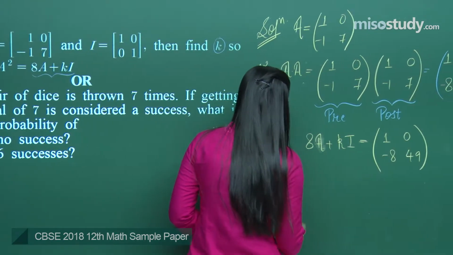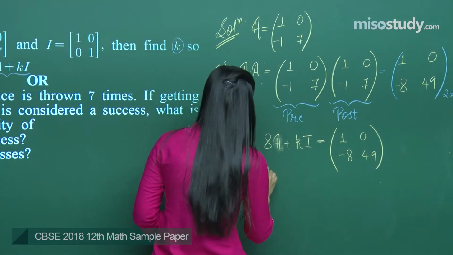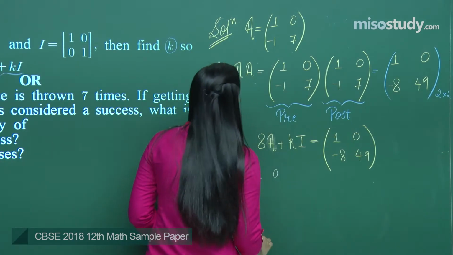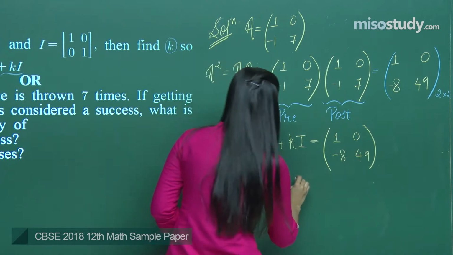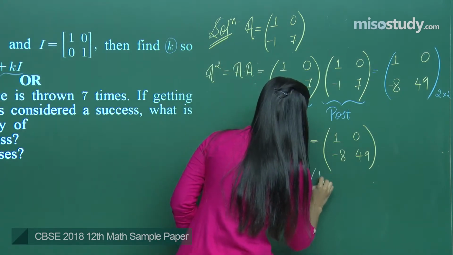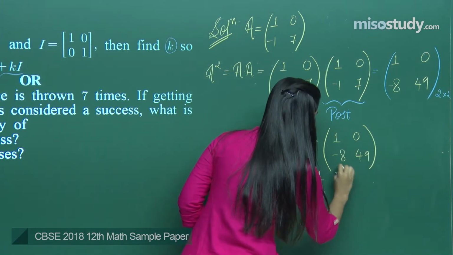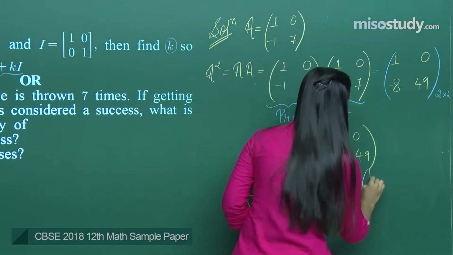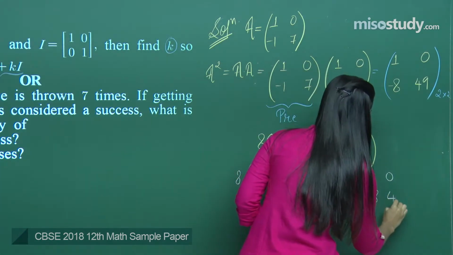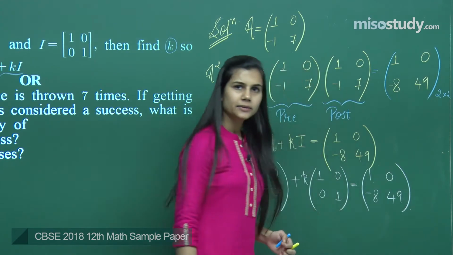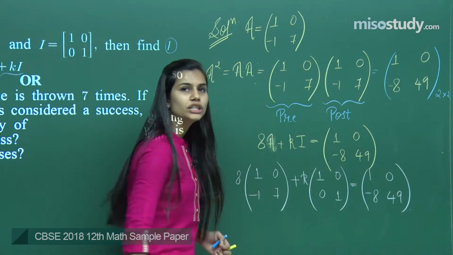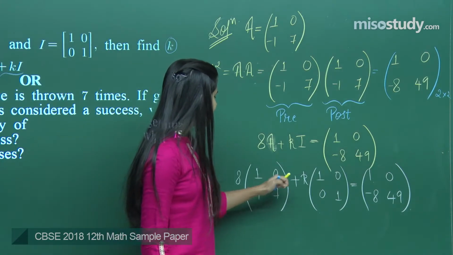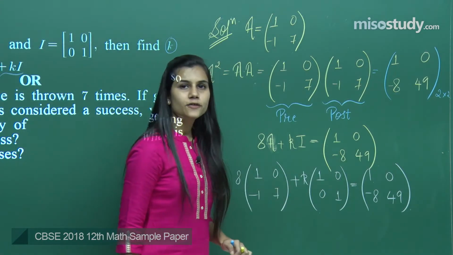So 8 times a matrix A, where A is 1, 0, minus 1 and 7, plus K times 1, 0, 0, 1 is equal to 1, 0, minus 8 and 49. So as I said, multiply this 8 with every component of the matrix. You get 8, 0, minus 8, 56.